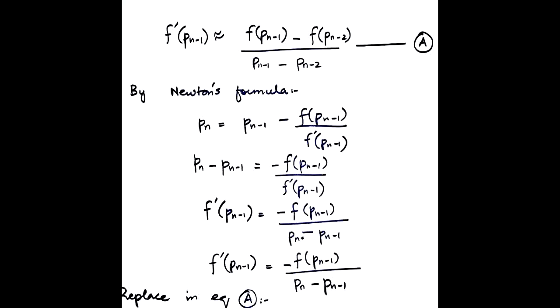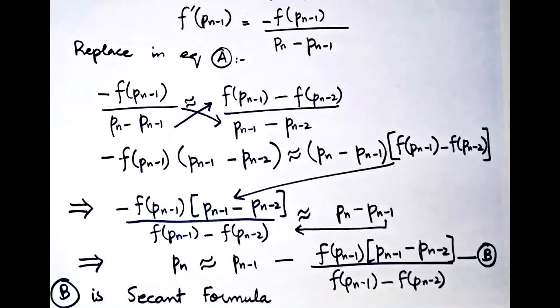This is the derivative from Newton's formula. The equation I named equation A is f'(Pn-1) approximately equal to f(Pn-1) minus f(Pn-2) divided by Pn-1 minus Pn-2. We extracted this equation with the help of the derivative definition, replacing x with Pn-2. So we substitute the Newton's formula derivative into equation A. The left-hand side becomes minus f(Pn-1) divided by Pn minus Pn-1, approximately equal to f(Pn-1) minus f(Pn-2) divided by Pn-1 minus Pn-2.